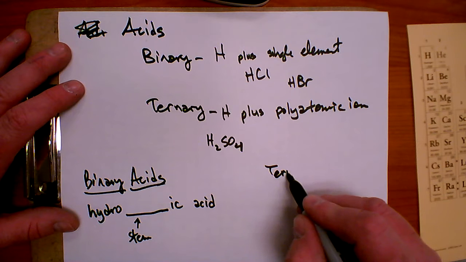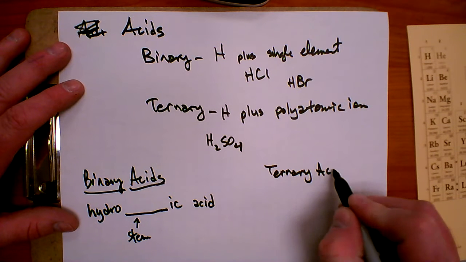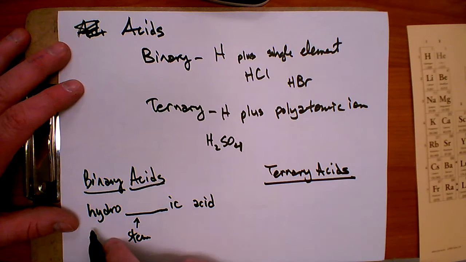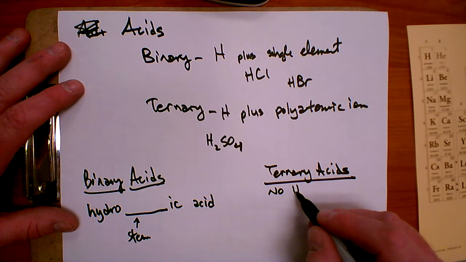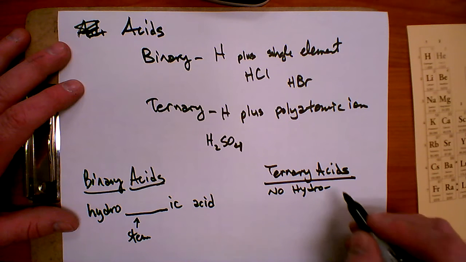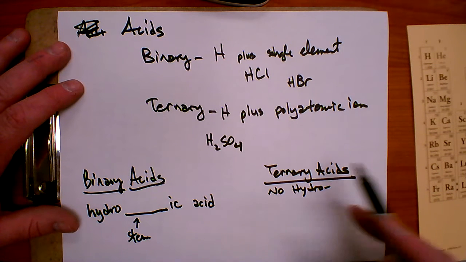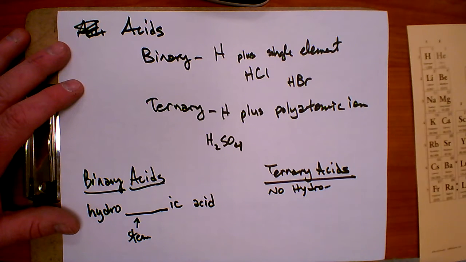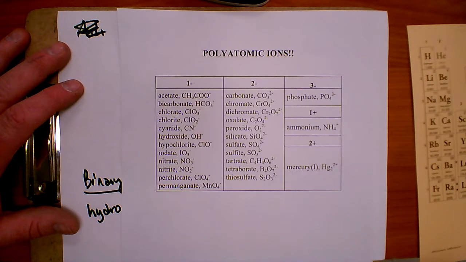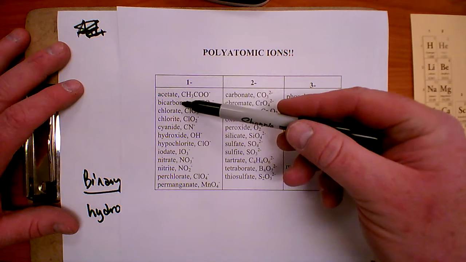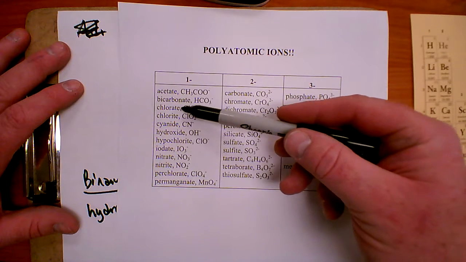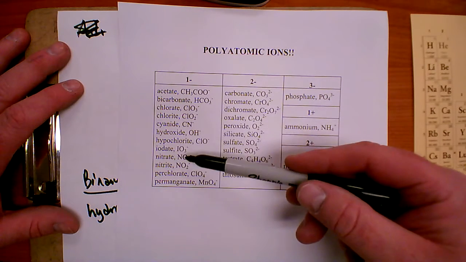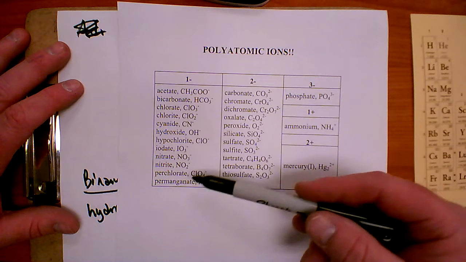Ternary acids, there's no hydro. No hydro. That's how you can tell that it's ternary. So for example, H2SO4, we have polyatomic ions that end in ate, such as bicarbonate, chlorate, iodate, nitrate, perchlorate, permanganate.